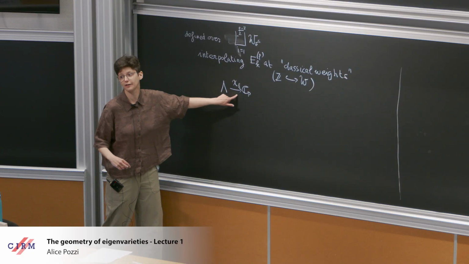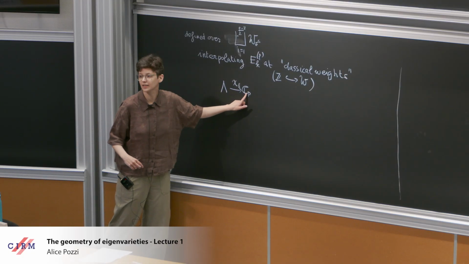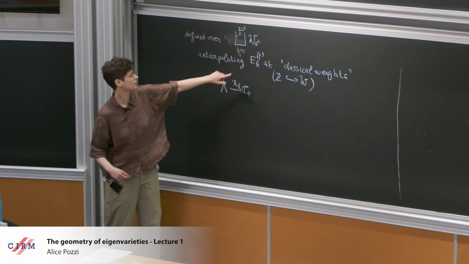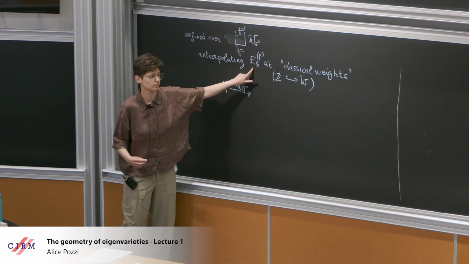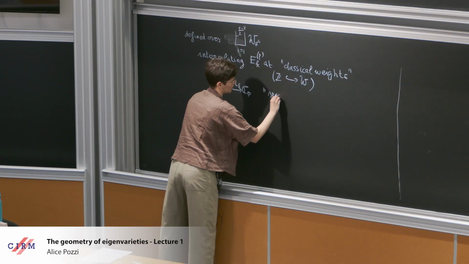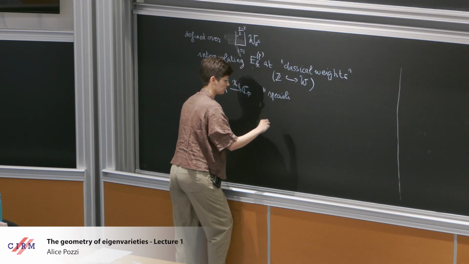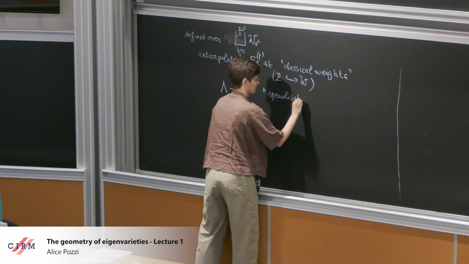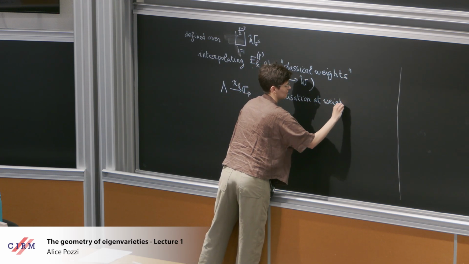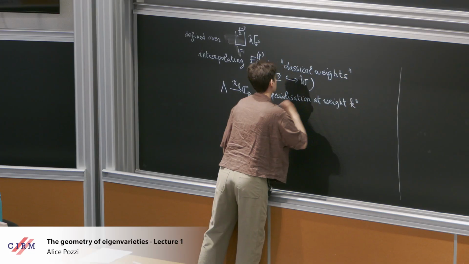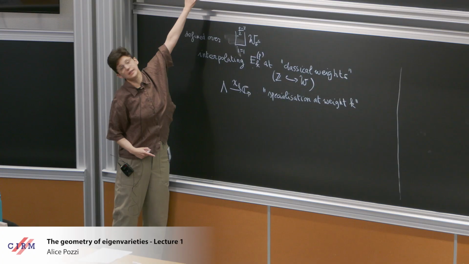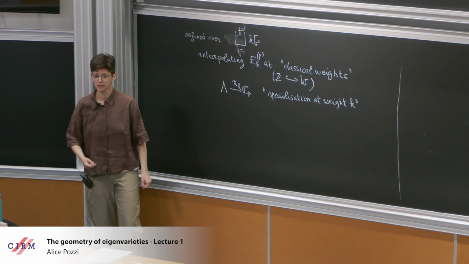The coefficients live in the Iwasawa algebra. When I take this composition with C_p, I will get this formula here. That's what it means. This map is called the specialization map. Specializing at weight k is what we say, which can be traced down very concretely once you write down these isomorphisms.